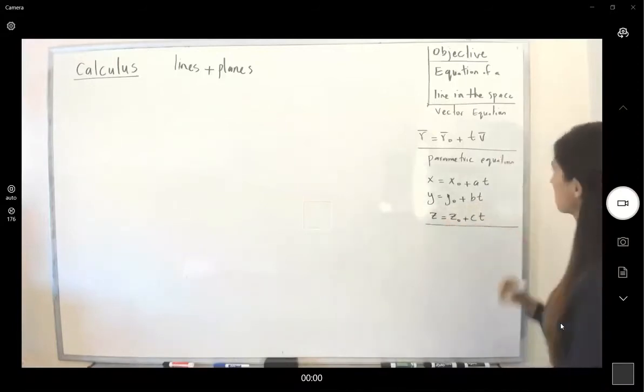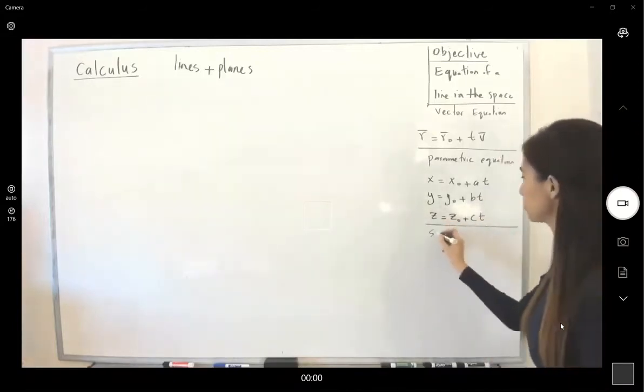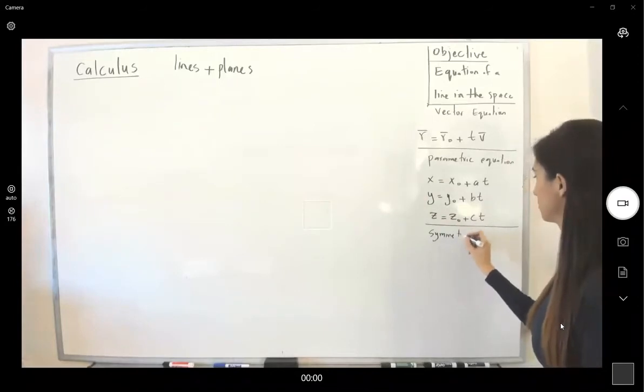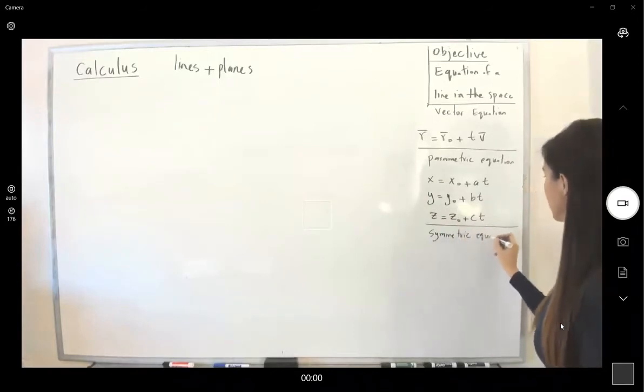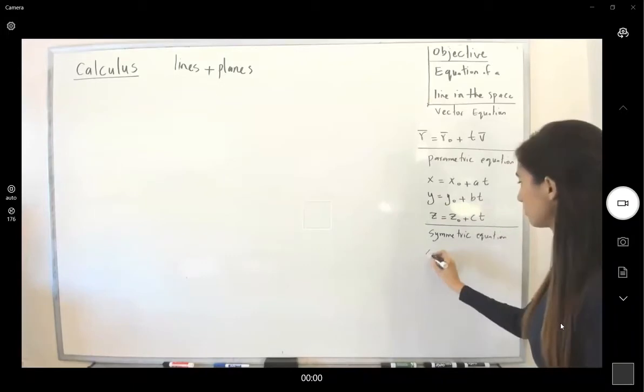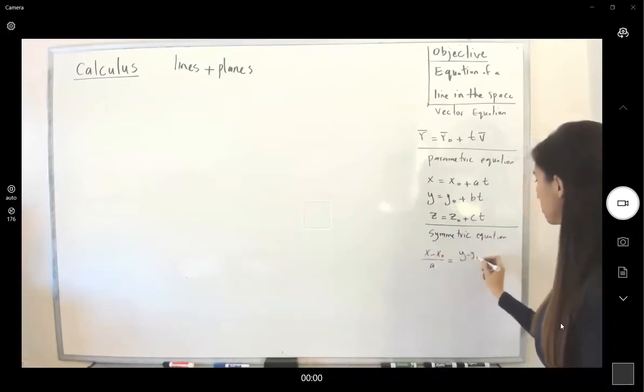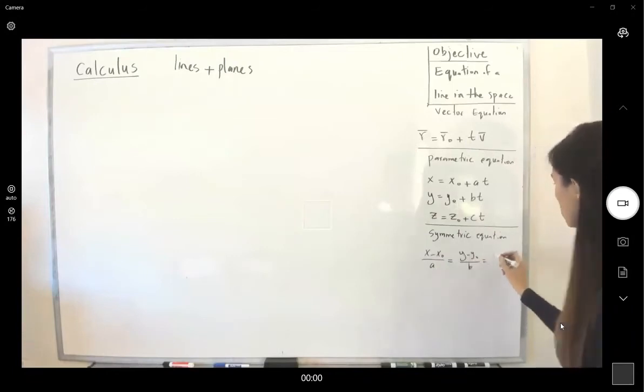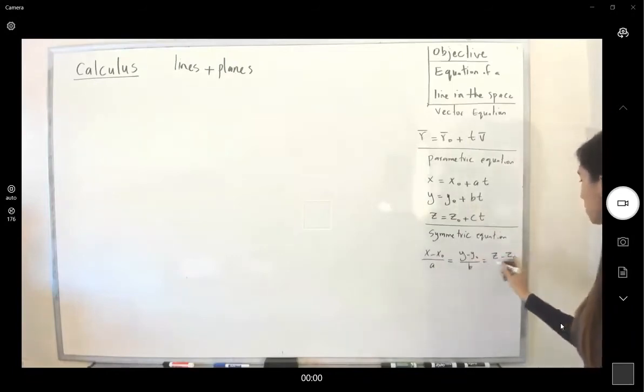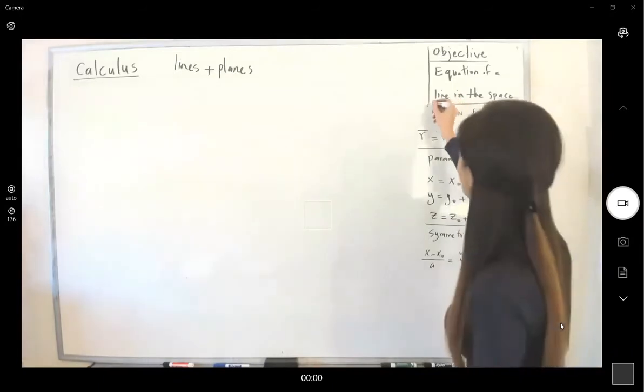Then we learned about symmetric equation: X minus X sub 0 over A is equal to Y minus Y sub 0 over B equals Z minus Z sub 0 divided by C.